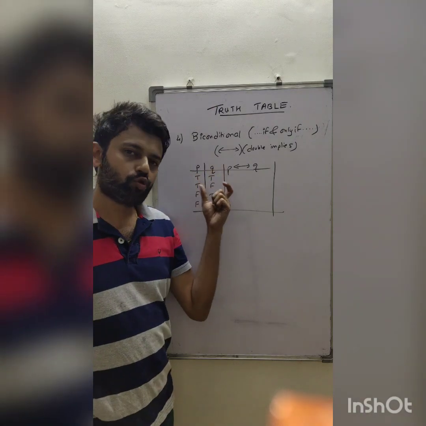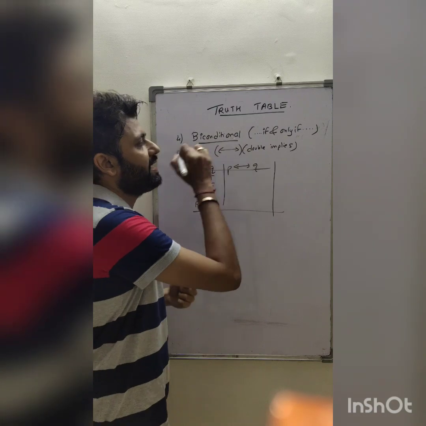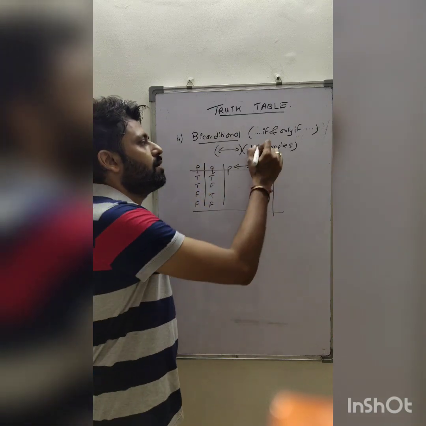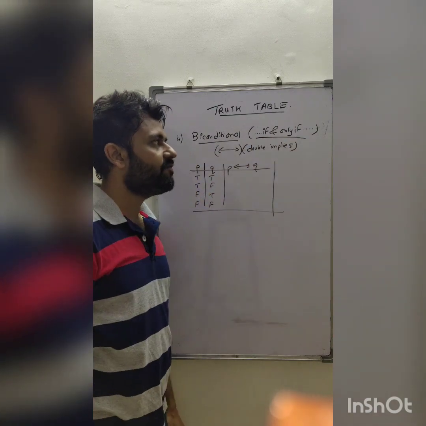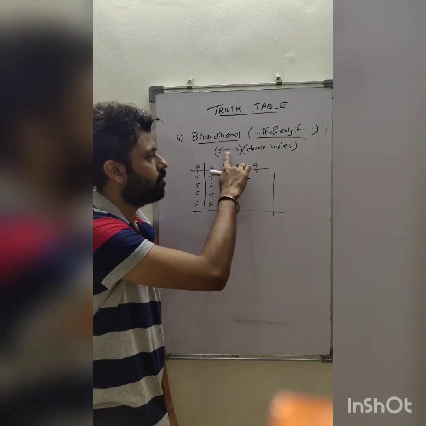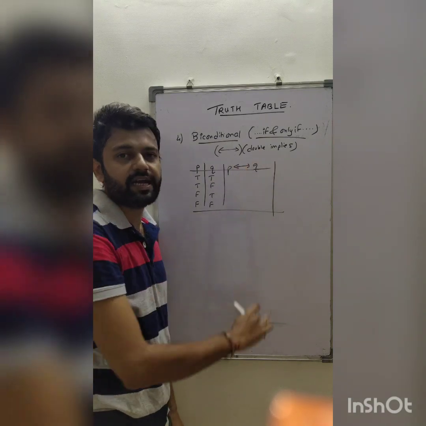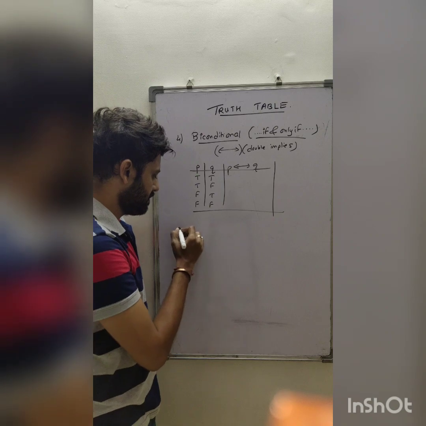The fourth truth table is the biconditional, where you will find the words if and only if. This is the symbol, double implies. This is read as double implies.